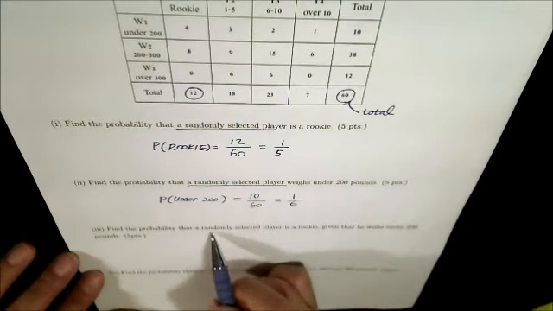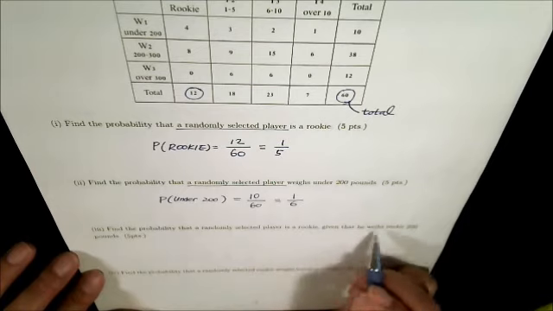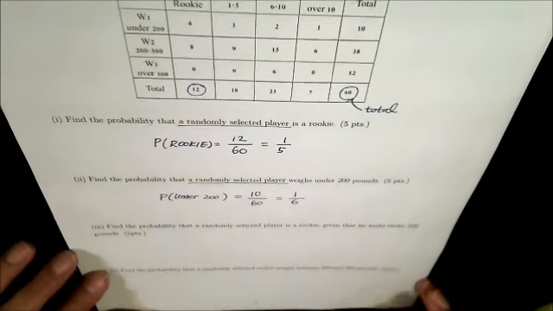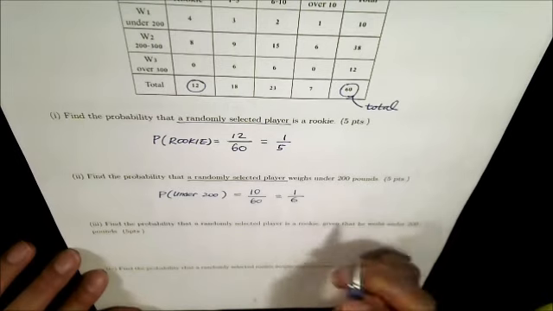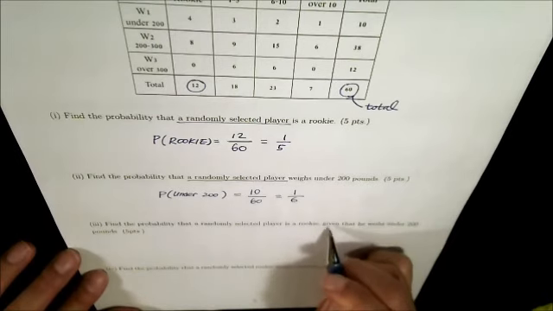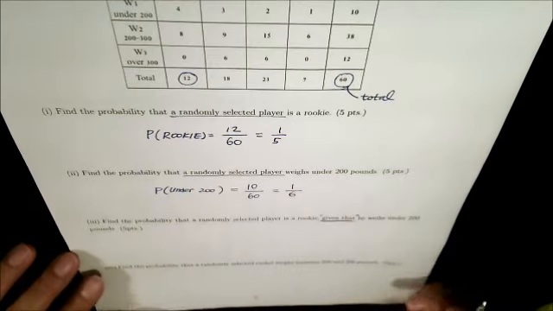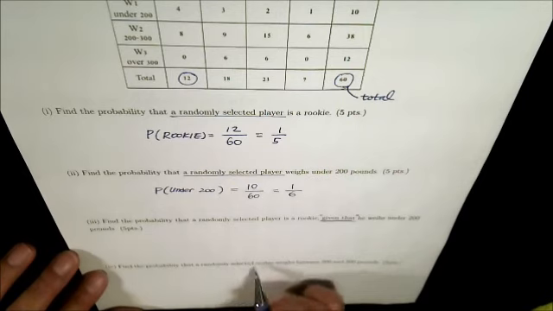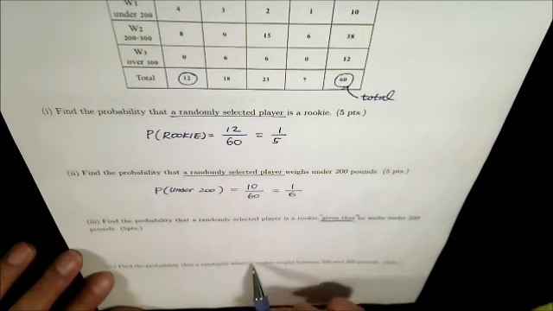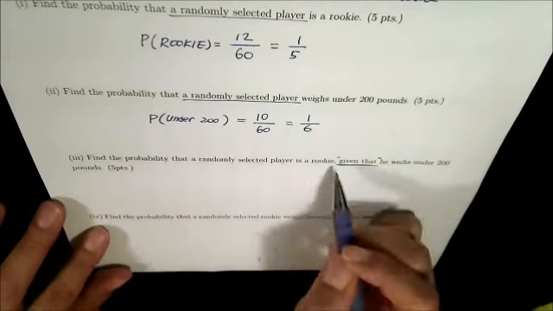Find the probability that a randomly selected player is a rookie, given that he weighs under 200 pounds. Usually the condition is given with the words "given that," or as an adjective for the subject. So let's look at this.